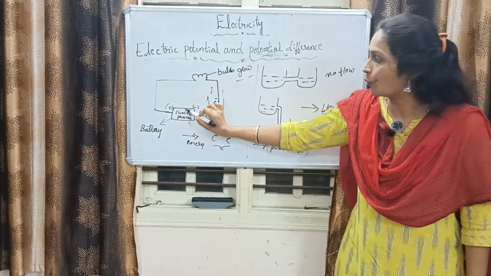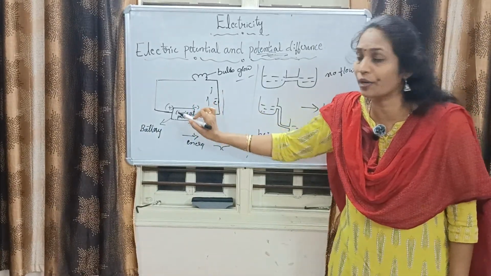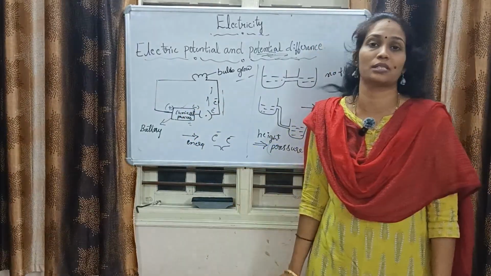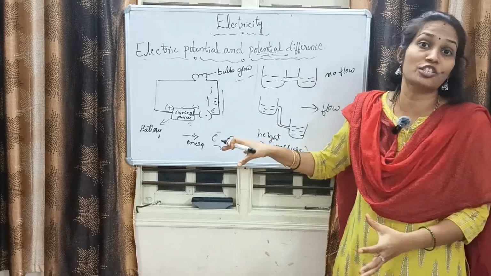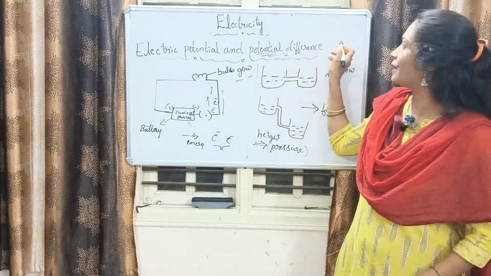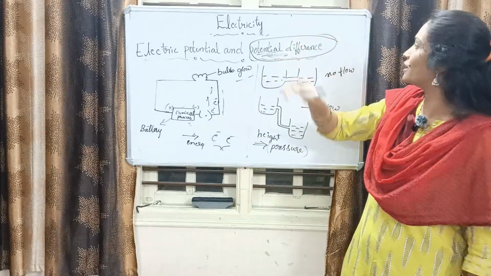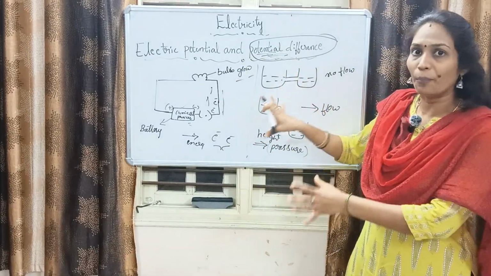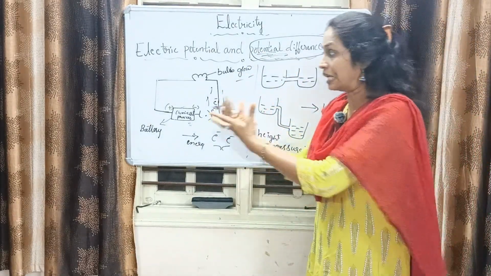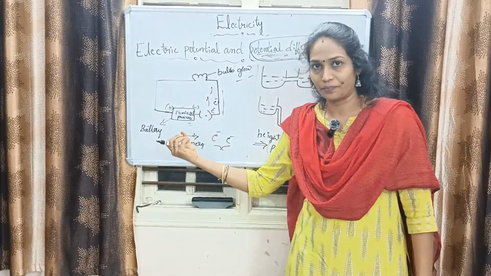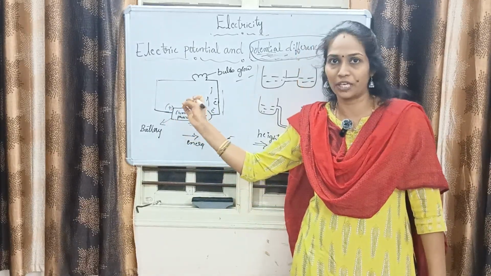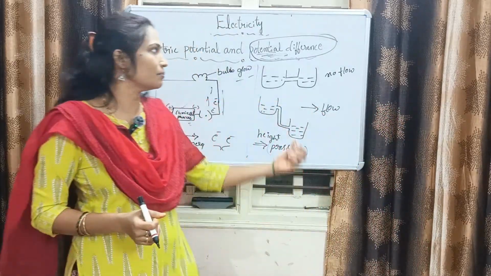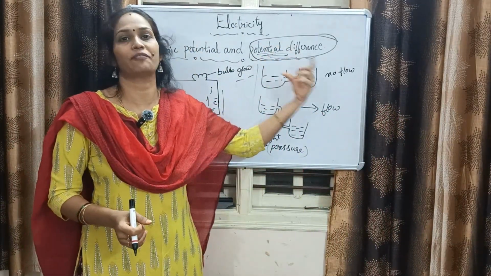Whatever pressure is built up in a battery due to the chemical process, that pressure we call the potential difference. Whatever pressure is created inside a battery is nothing but the potential difference.